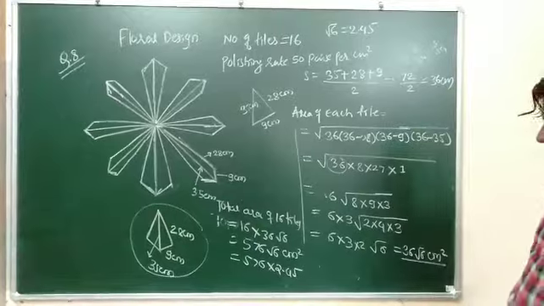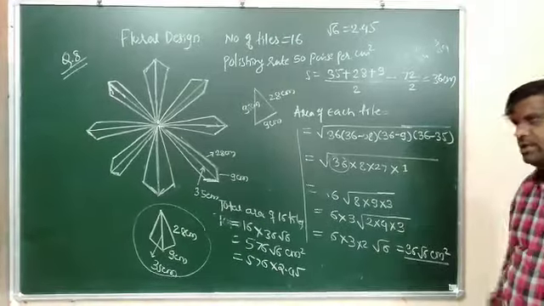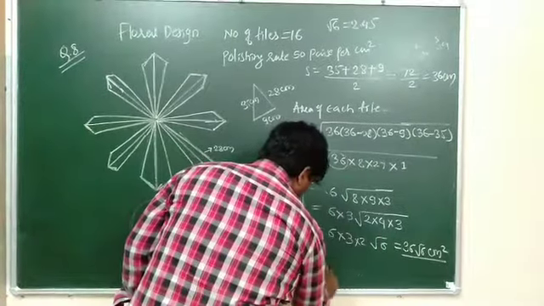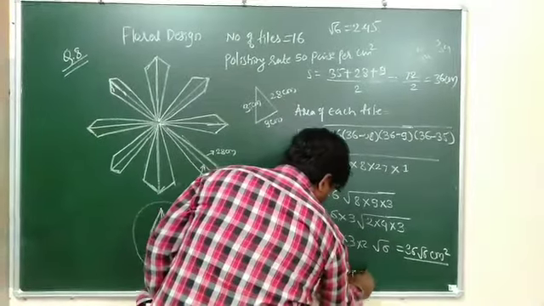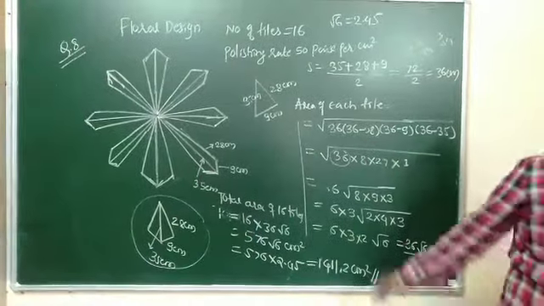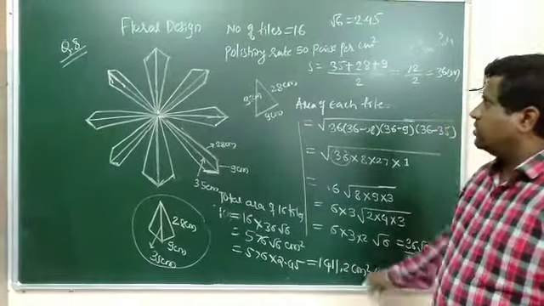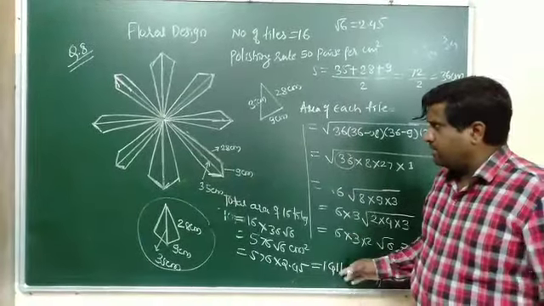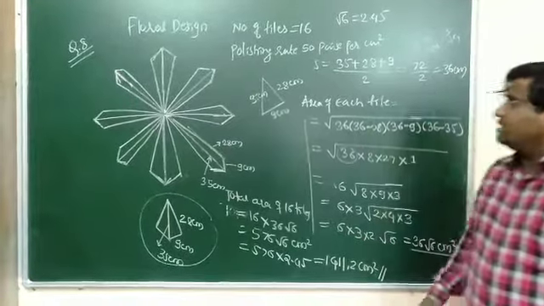So multiply 2.45 into 576. It comes around 1411.2 centimeter square. So this is the total combined area of 16 tiles.